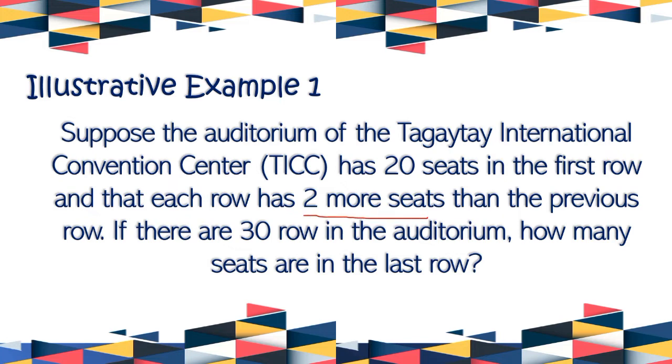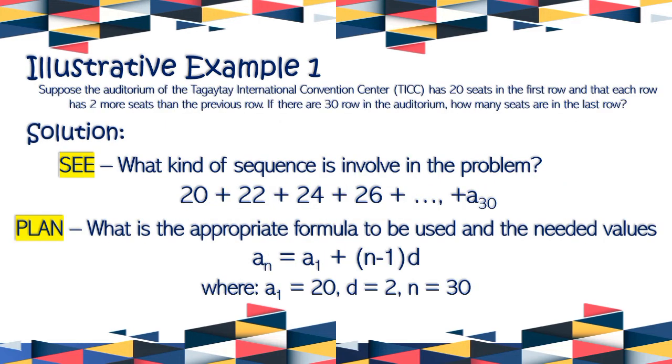So, kung merong 30 rows sa auditorium, ilan daw yung bilang ng mga upuan dun sa pinaka-last row. So, you will find the answer using arithmetic sequence concept. Okay, let us show the solution.